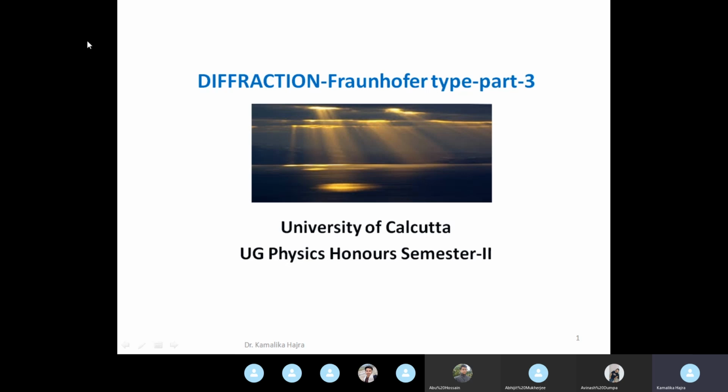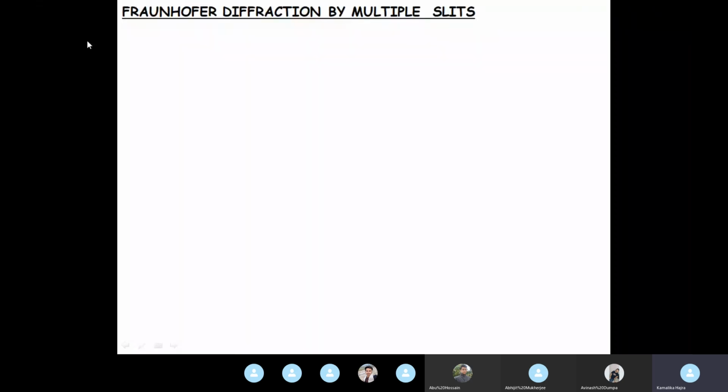Okay, so today we will use the results that we have obtained in single slit diffraction and double slit diffraction to study the most general case of Fraunhofer diffraction, which is multiple slit diffraction. So Fraunhofer diffraction by multiple slits, this is what we are going to do today.